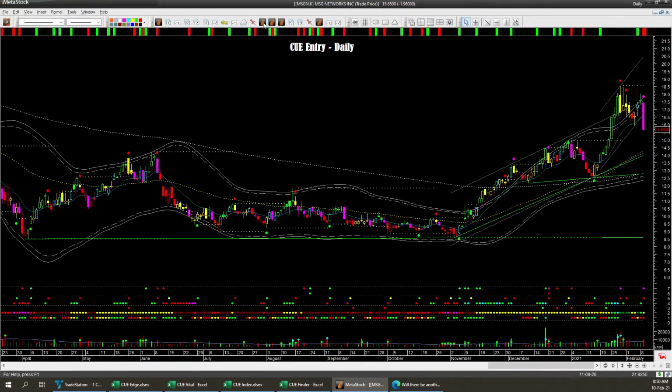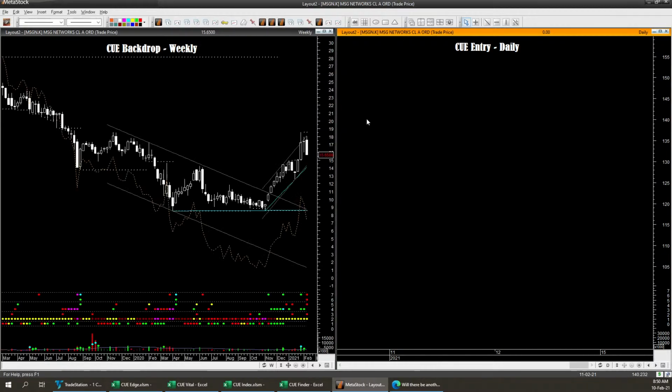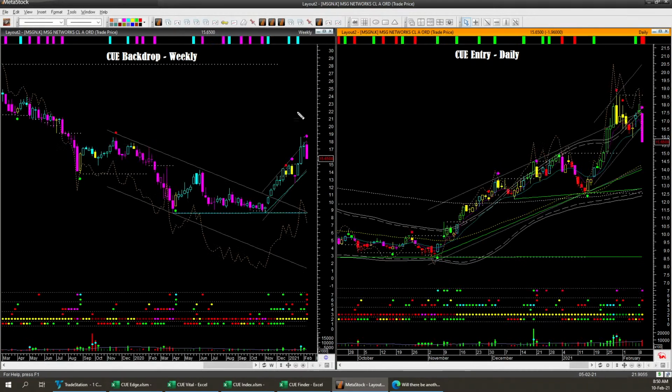This is daily. Let's look at it using weekly, daily at a glance. I was looking for charts with weekly bearish headwind from Finder. Now, when I open the stock chart, I see that it has a bearish headwind in weekly, sharply coming down with bearish backdrop color, bearish shape.